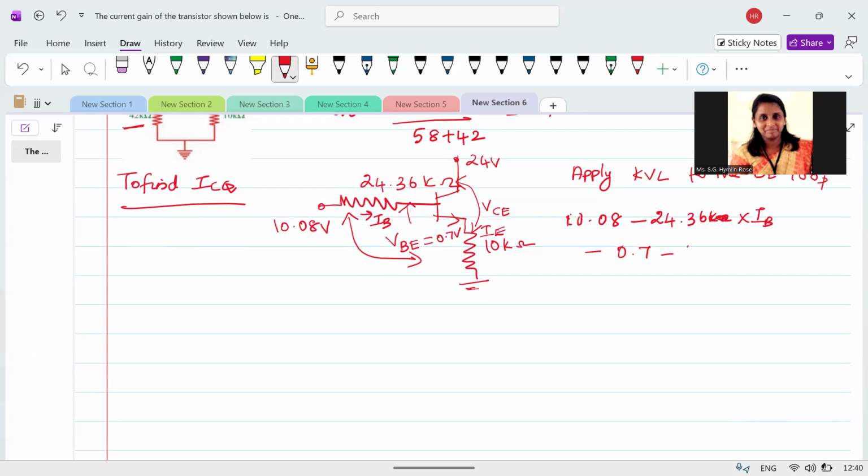The current is IE, so IE into the resistance 10 kilo ohm, equal to 0.